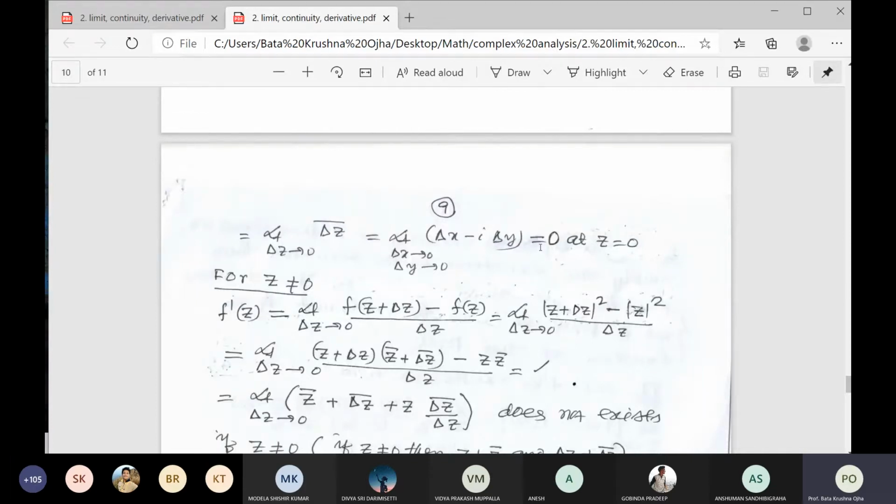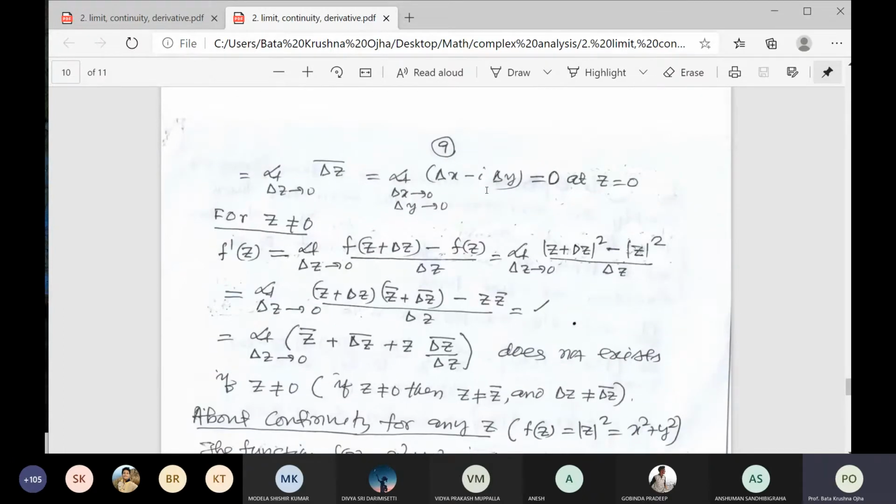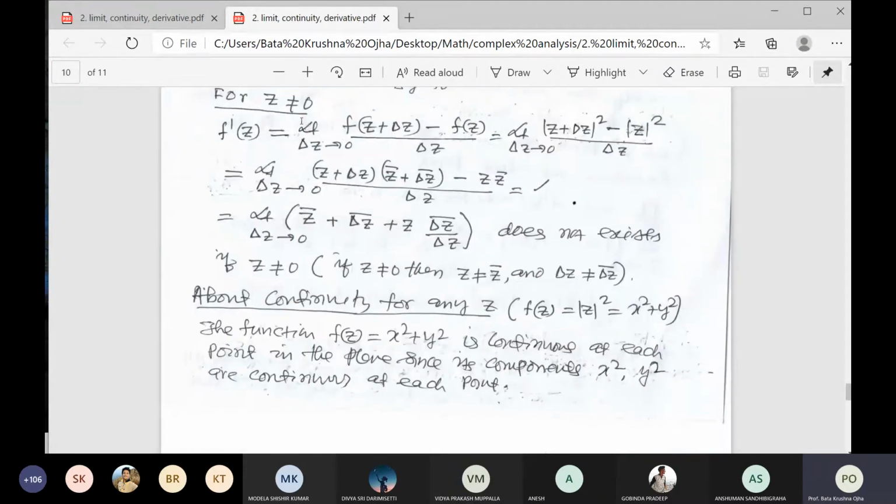Since it is 0, we conclude that the function is differentiable at the origin only, not at any other point. For z not equal to 0, what will the value be? f at z is equal to this, for any other point z not equal to 0. If we expand z plus del z bar, it becomes this. Cancelling del z, the result is this.